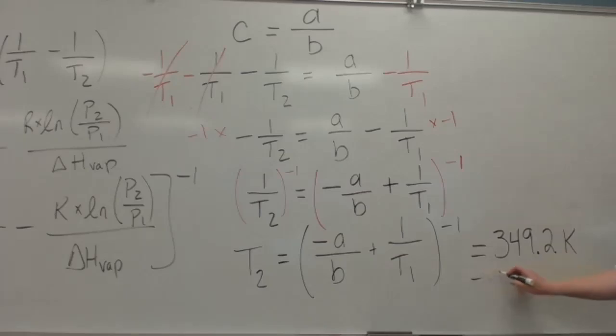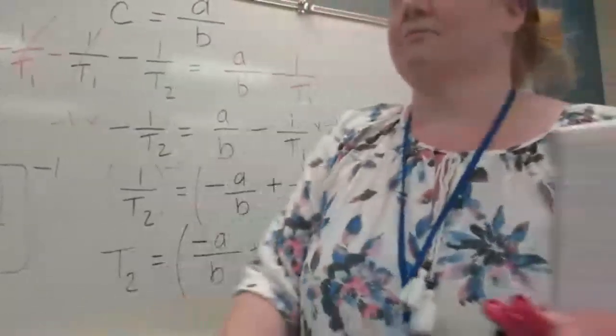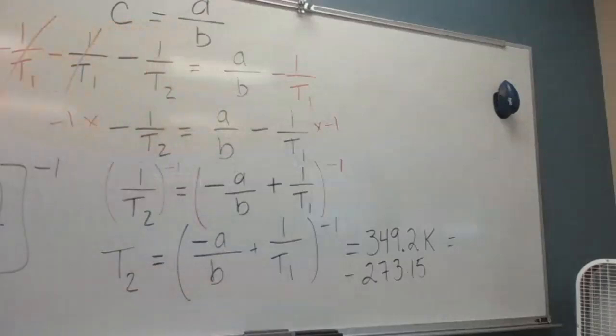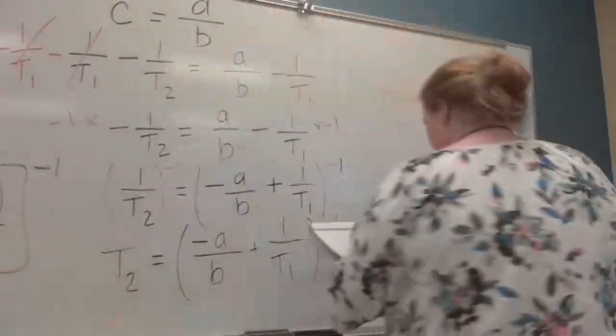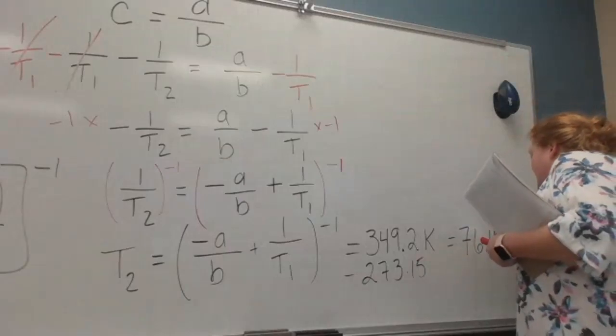And then you need to do what to get the final answer? Let's subtract 273.15, and that'll give a Celsius temperature of this liquid. Its normal boiling point under standard pressure of 76.1 degrees C.